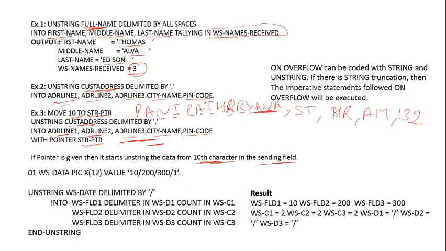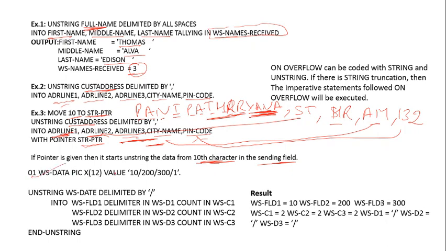So Yana will come into address line 1, this will come into address 2, this into address 3, this will come into city name, and this into pin code. So Yana will come; not the full value, Panipat HR will not come, but this will come into address line 1.